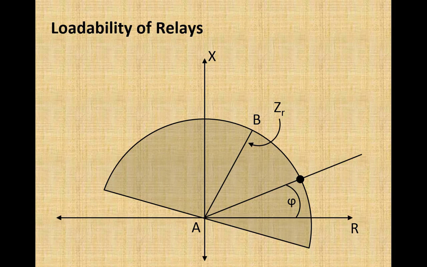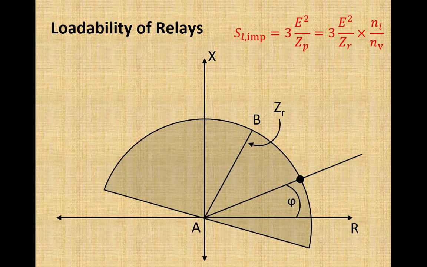If we know the value of line to neutral voltage of the system and we know the impedance of the load that resulted in this much load on the system, then we can calculate loadability of the impedance relay by using this equation, where SL, L standing for loadability of the impedance relay, is equal to the square of the line to neutral voltage divided by the impedance in the primary circuit, that is the impedance of the line plus load that has resulted in this much load or current on the system, so that the impedance seen has reached the boundary of this relay operating characteristic.